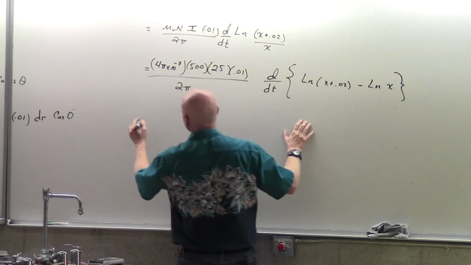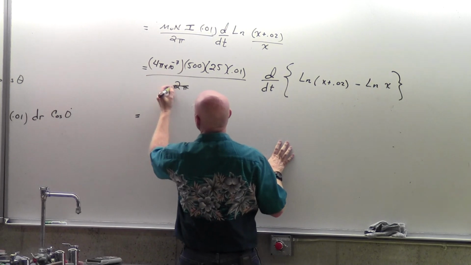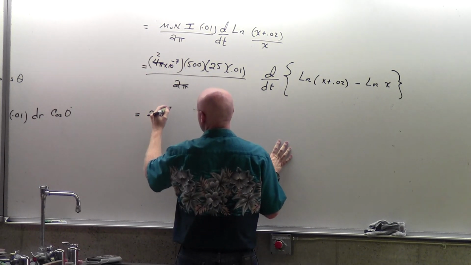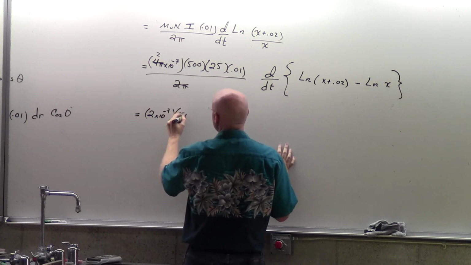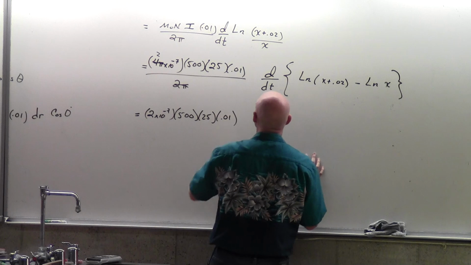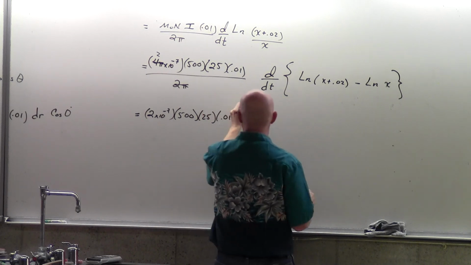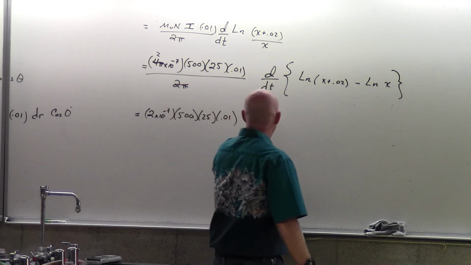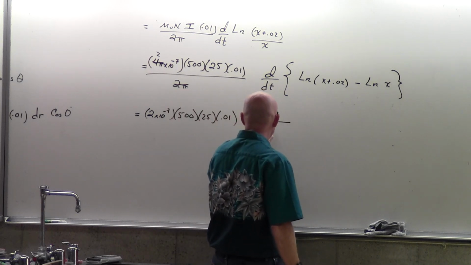So I'm going to use the property of logarithms and a couple steps here. So this is 2 times 10 to the negative 7. This is 500. This is 25. This is 0.01.